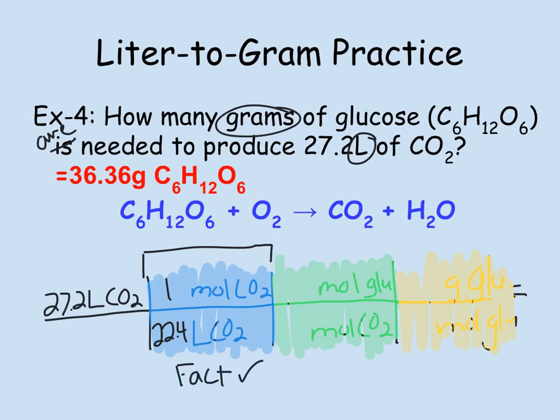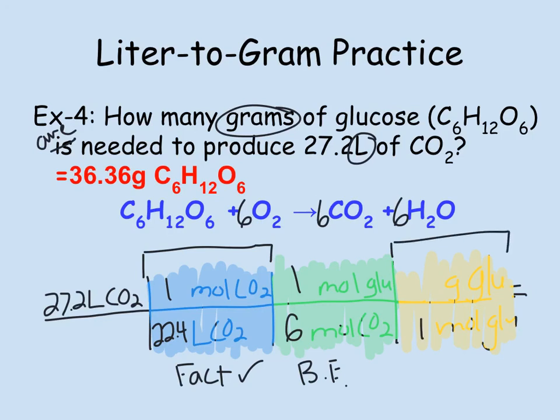Looking over on this side, glucose through CO2, I want to use my balanced equation coefficients because that's a mole to mole. So once I balance this equation, it should end up being 6, 6, and 6. I know it's a little demonic, but oh well. So I have 6 moles of CO2, 1 mole of glucose. Okay, that's from my balanced equation. And then over here, again, this needs to be a fact.